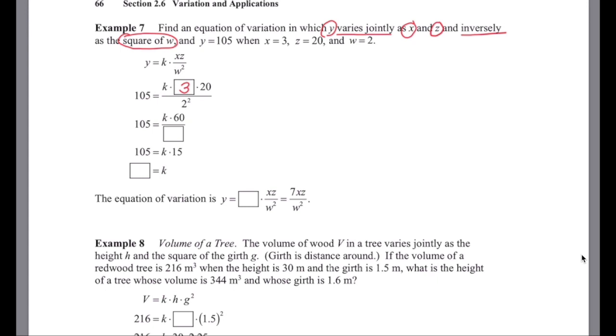Multiplying, we have 105 is equal to k times 60 over 4. I know that 60 divided by 4 is 15. So when I divide both sides by 15, we have 7 is equal to k. So y is equal to our k value 7 times xz over w squared, or we could put the 7 in the numerator. Either one is fine.